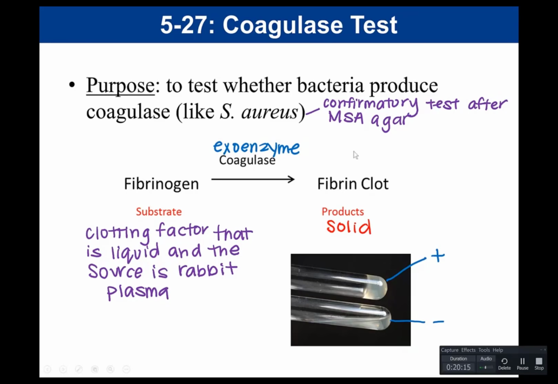They're going to produce the product, which is the fibrin clot, and that's going to be a solid. So if I look at these coagulase test tubes, if at the end it's solid, that's positive. That's confirmatory for Staph aureus. If it is negative, that means that it's coagulase negative and it's not going to be Staph aureus, or at least not a pathogenic Staph aureus because it lacks coagulase.